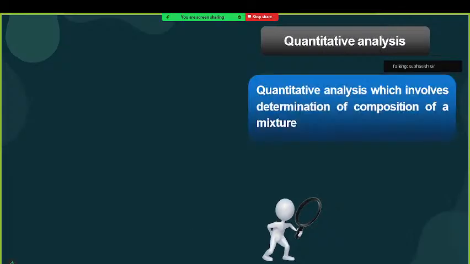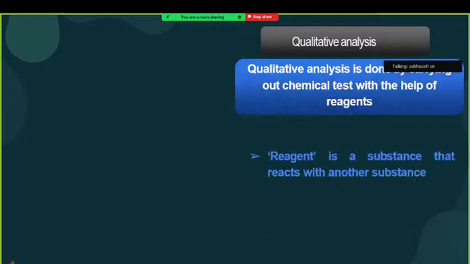Now, qualitative analysis is carried out with the help of certain reagents. What is a reagent? Suppose you are given a sample like copper sulfate.